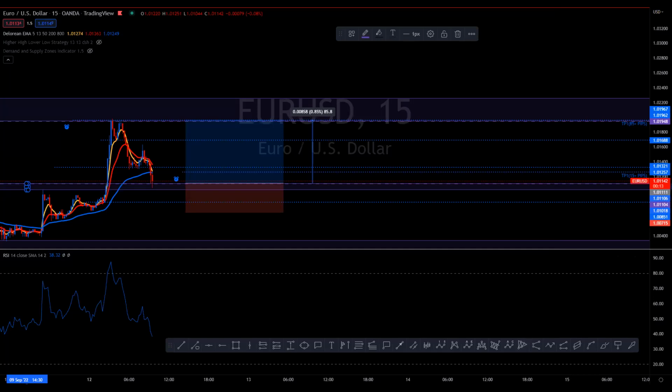All right, so we got less than 15 seconds before the 9:45 candle closes. 5, 4, 3, 2, 1.